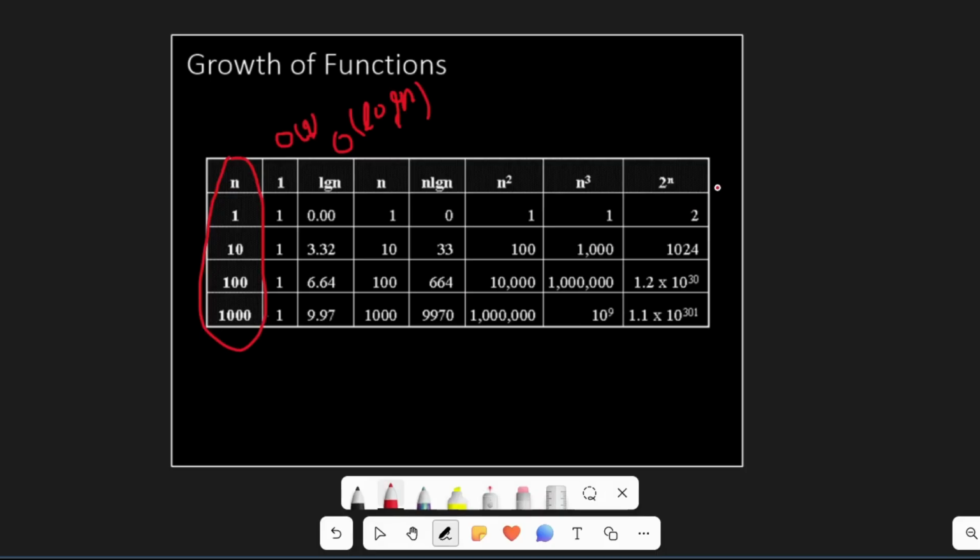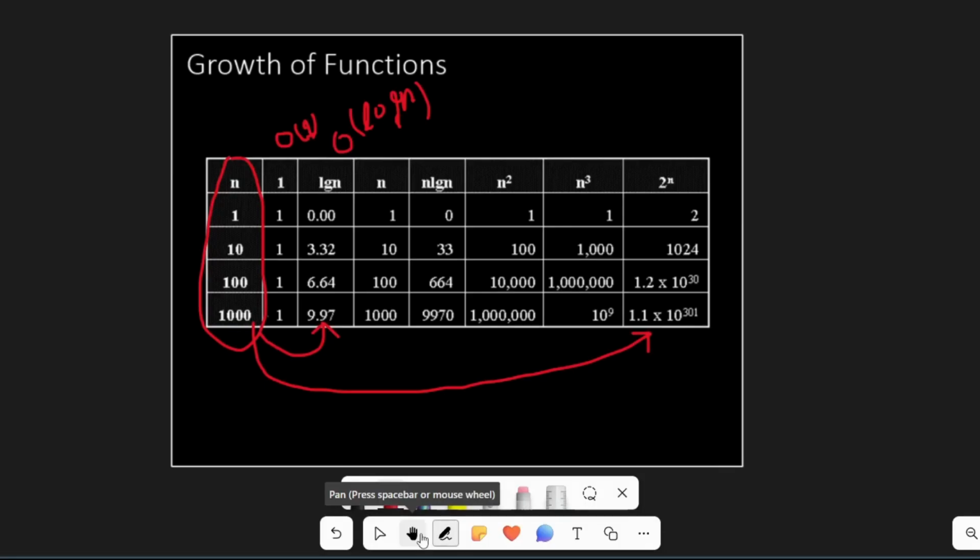You can see here for 2 to the power n, if we take 1000 inputs, then this is a huge number. If we use this algorithm, this will take only 9.97 seconds. So you can compare that algorithm complexity is very important, and if we write an efficient code, then our algorithm runs faster and it's acceptable for all fields.